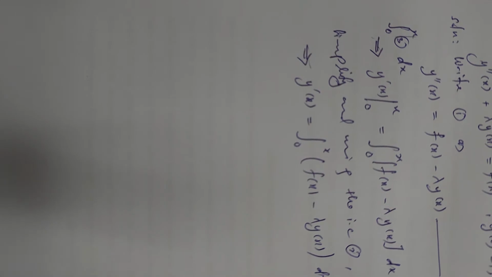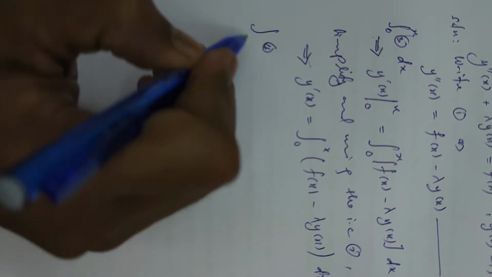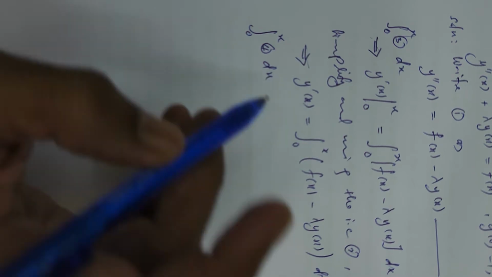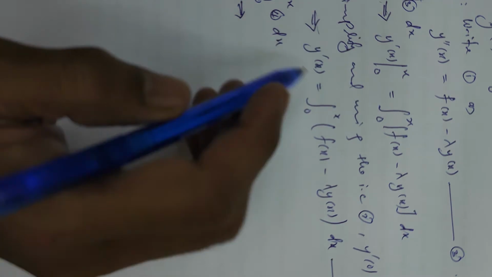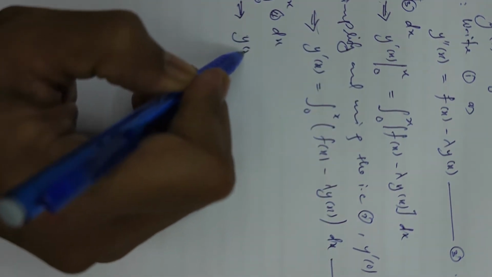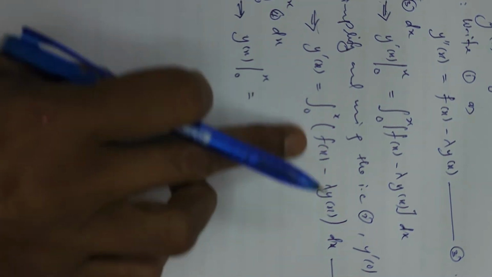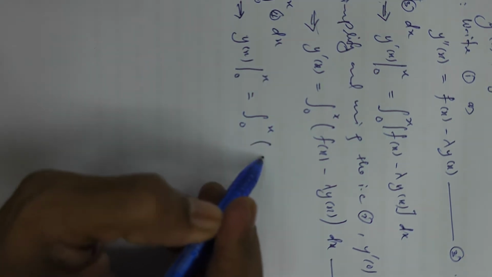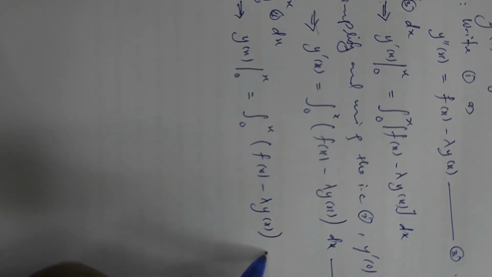And then we integrate again. Integrate 4 from 0 to x dx. So we integrate y prime, we got y x evaluated from 0 to x. We integrate the right side again, from 0 to x of f x minus lambda y x dx twice.